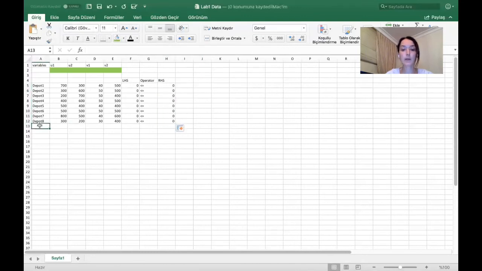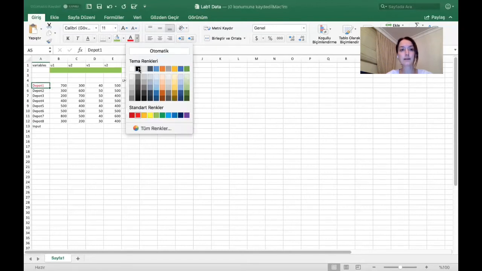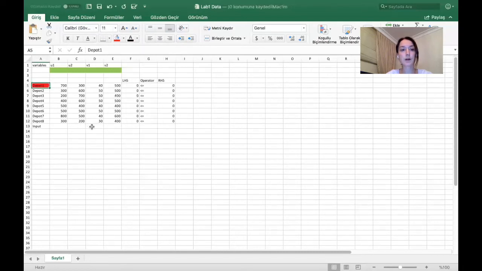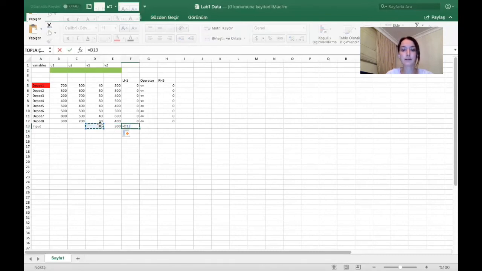Okay, now we have an input constraint as well, and in this LP we are evaluating depot 1. So let me indicate this with red color. So I will use the input values of this depot. Okay, and the left-hand side is the weighted sum of inputs.